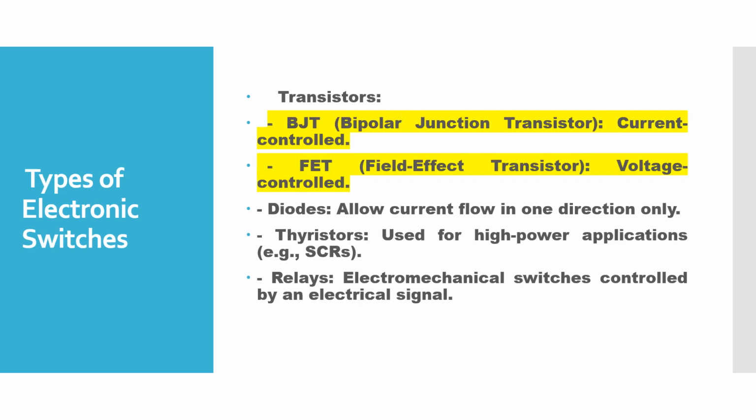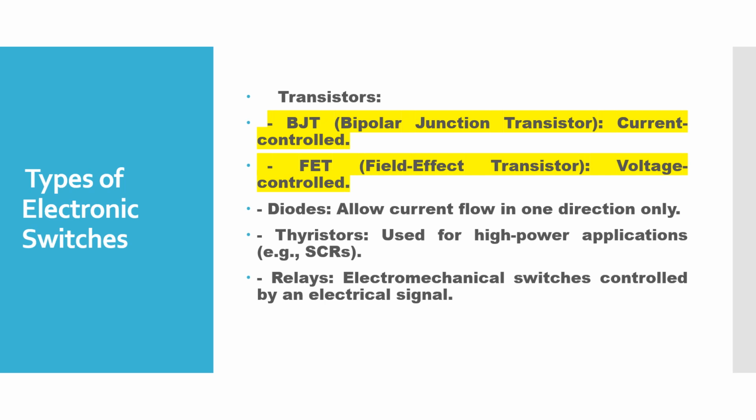Now, I will dwell much on the bipolar junction transistors and the FETs, that is the field effect transistors. They are commonly used in many electronic control devices. You can control your motor, connect to an Arduino, a microcontroller, or any ICs. It is majorly switching.